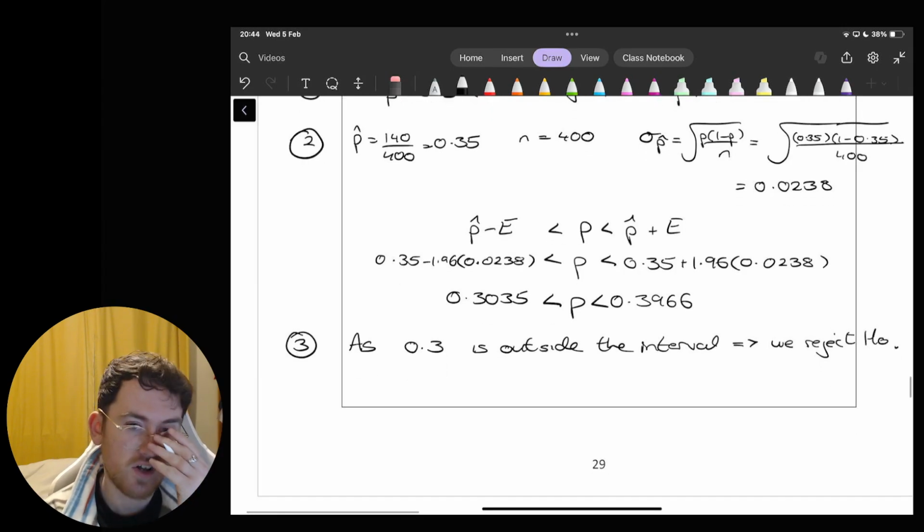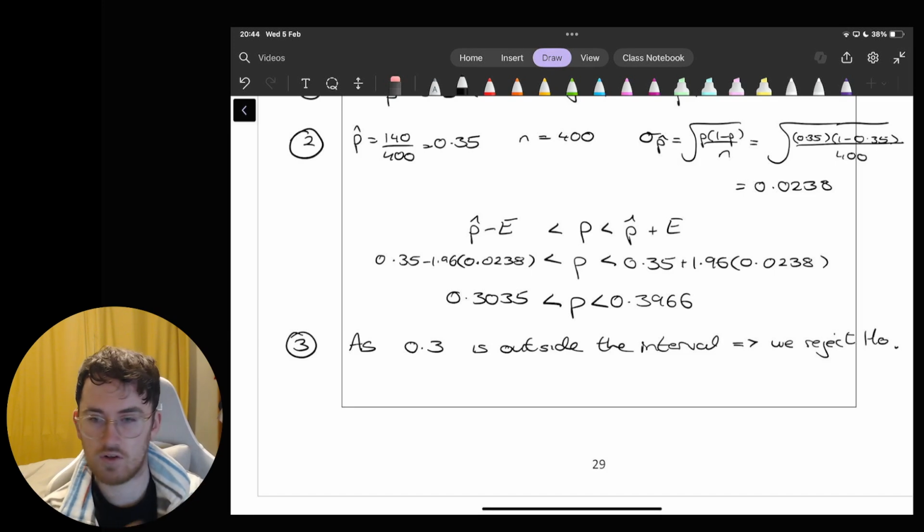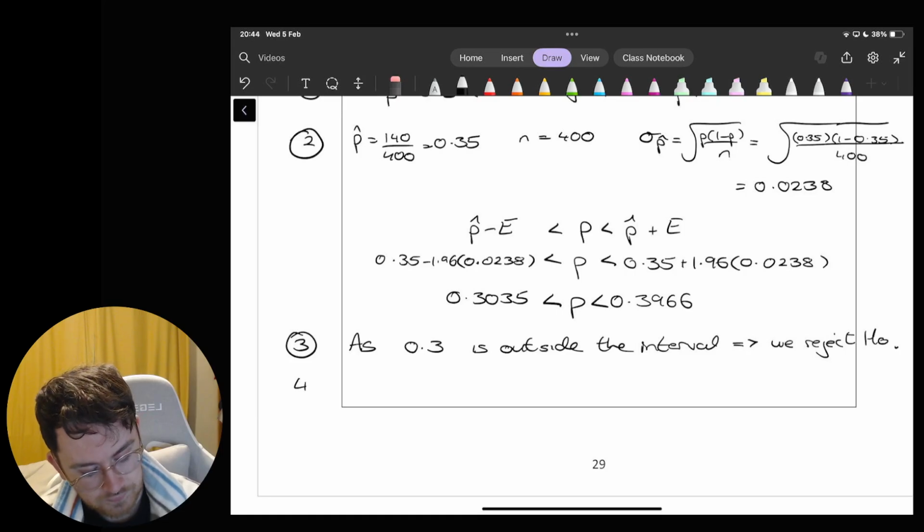So because it's fallen outside the interval, because we are 95% confident that 0.3 is not the population mean there, because it doesn't fall within our range that we've set up, then we can reject that claim that it's still 0.3.